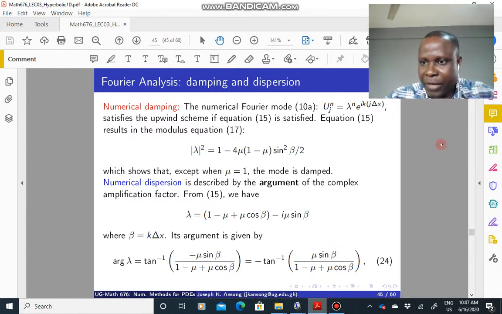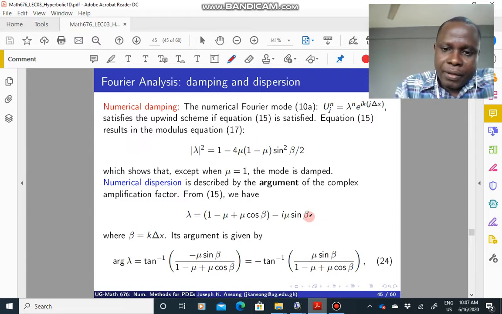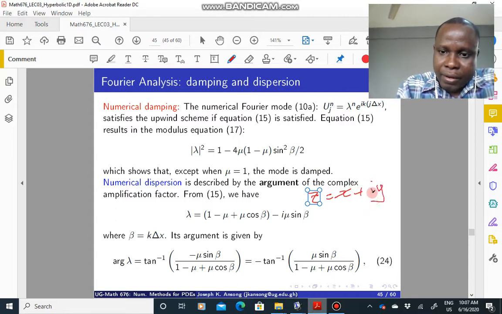Remember that if I have a complex number z equal to, let's say, x plus iy, then the argument of z is equal to tan inverse of y over x.